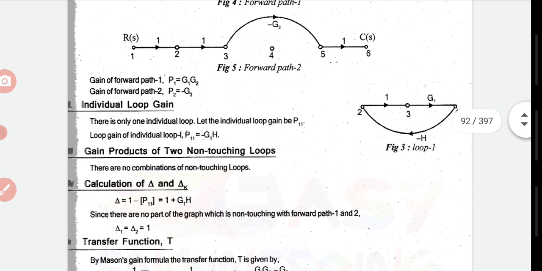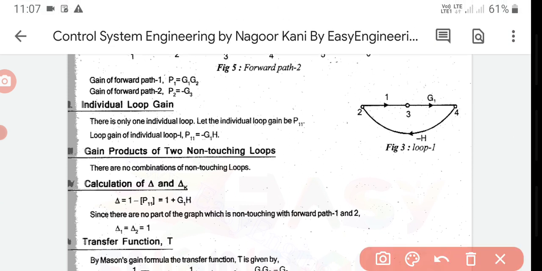So delta is 1 minus the individual loop gain, which is P11, and the gain products of non-touching loops is 0. So the final delta value is 1 minus P11, that is 1 plus G1 into H.